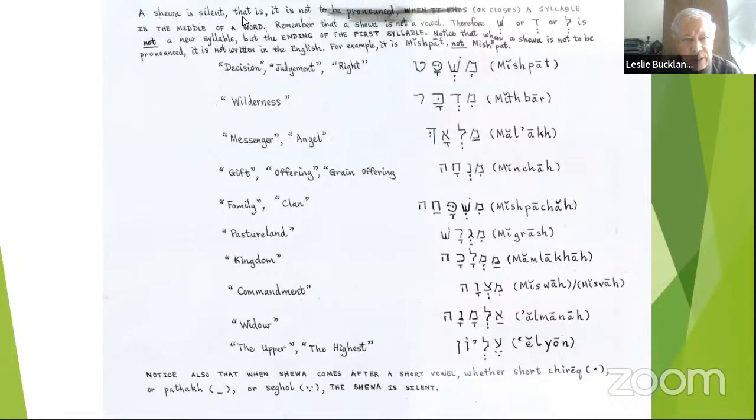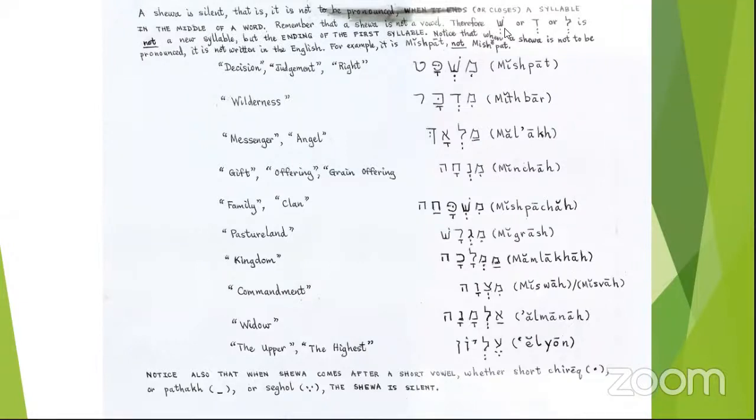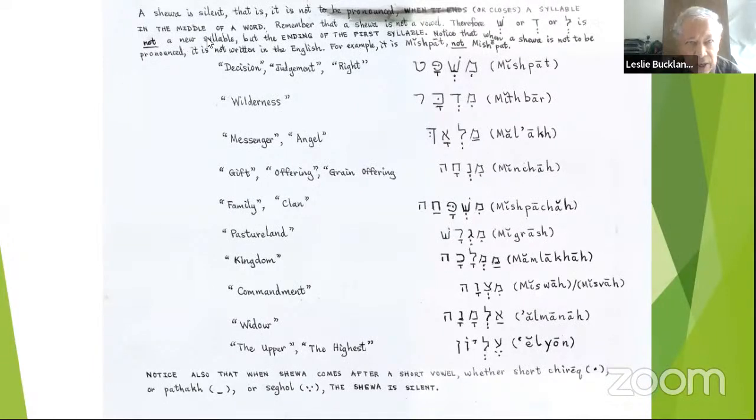A shiwa is silent, that is, it is not to be pronounced, when it ends or closes a syllable in the middle of a word. Remember that a shiwa is not a vowel. Therefore, shi or fe or le is not a new syllable, but the ending of the first syllable.